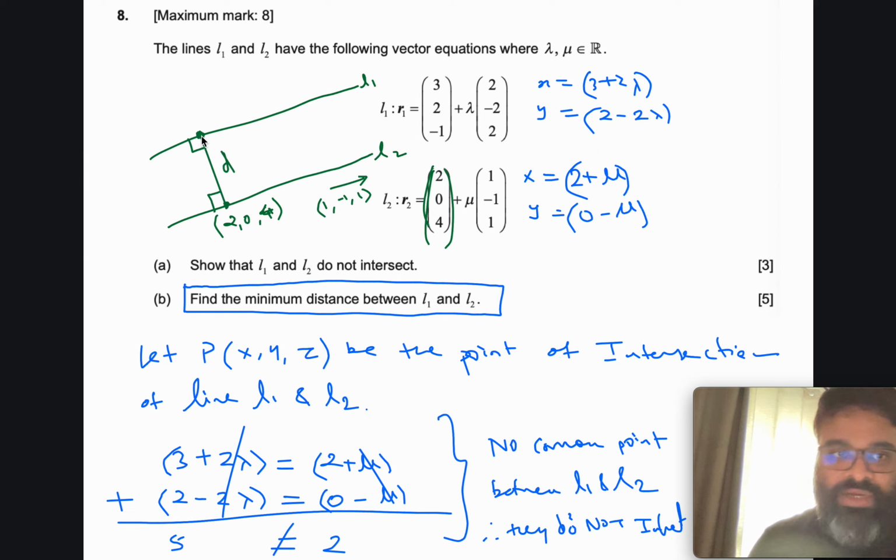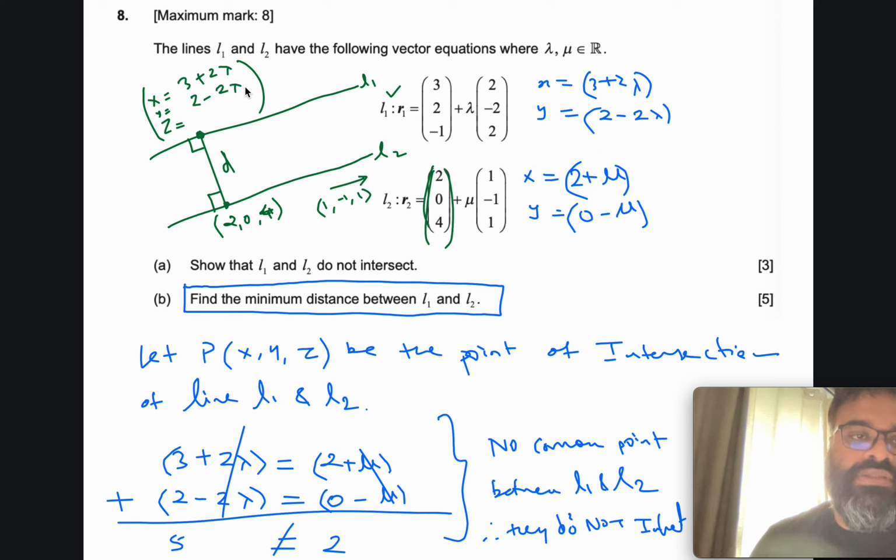Now I don't know the coordinates of this point, but I do know their equations, right? Now I know that the x, y, z values of this point have to satisfy the equation of L1, which is here. This is 3 plus 2 lambda, and y value is 2 minus 2 lambda, and z value is minus 1 plus 2 lambda. Right? That's going to be the other point.